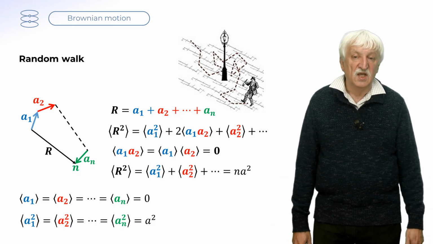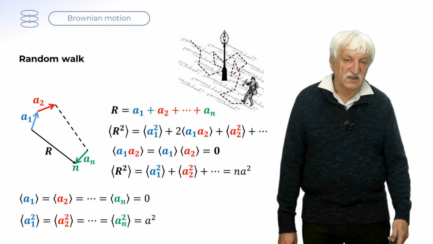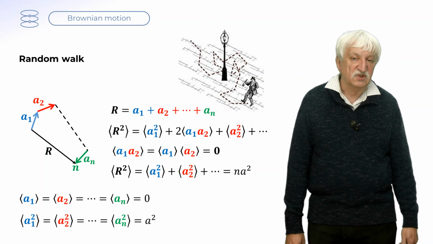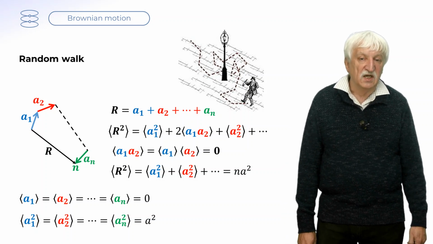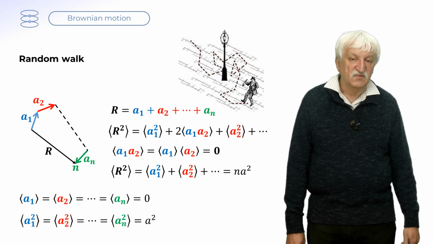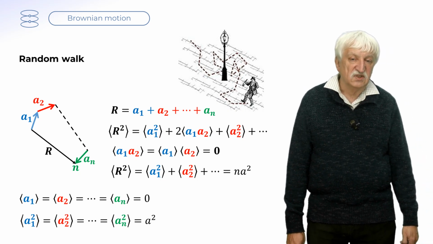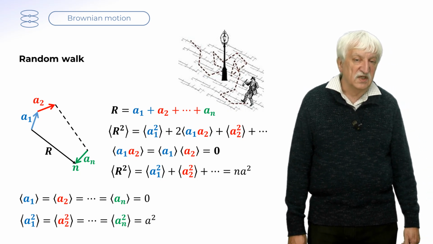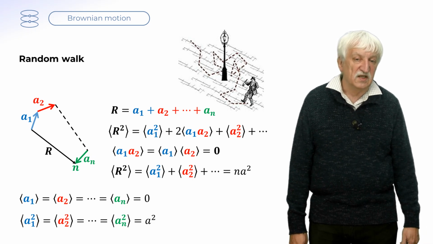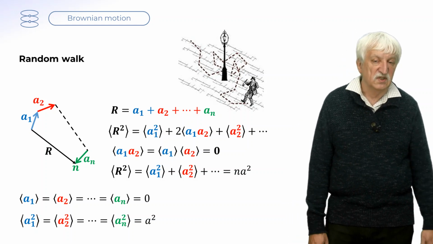The distance between the final position after n steps and the initial position of the drunken man is the sum of these steps, R. If you take R squared, you can see that there are the terms a1 squared, a2 squared, but additionally there are a1 times a2 terms.